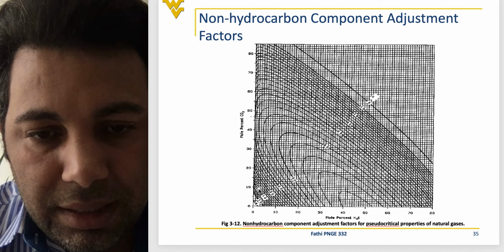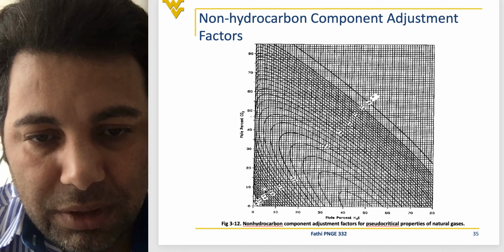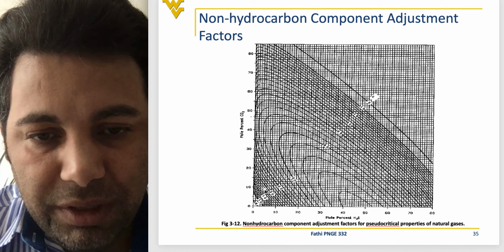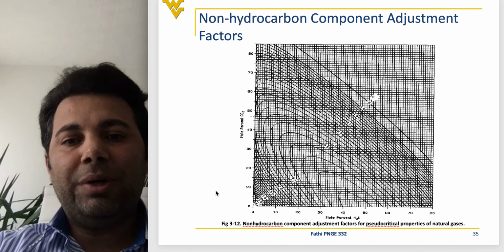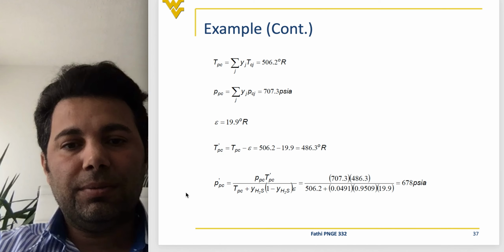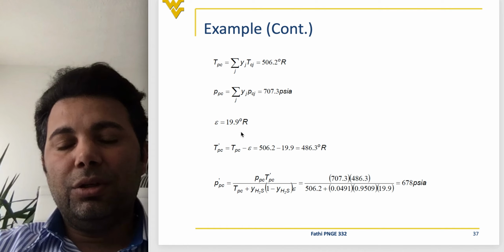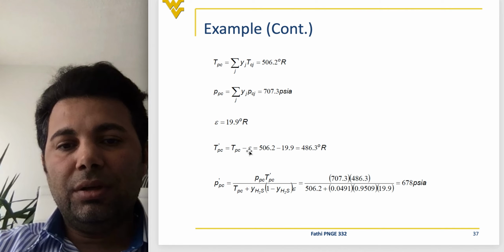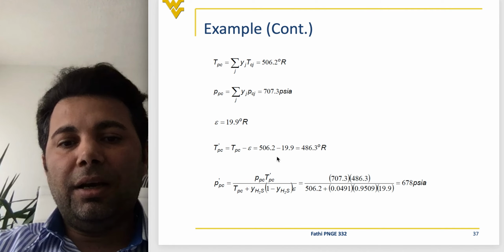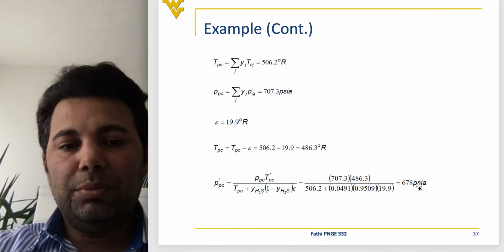So your point would be very close to 20 degrees Rankine for the correction. The actual number is 19.9 degrees Rankine. So when I have the correction factor, I subtract that from my TPC to get the corrected TPC, and then I use that equation to find the corrected PPC.